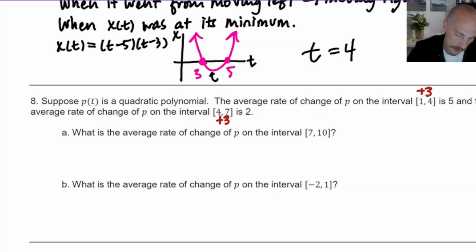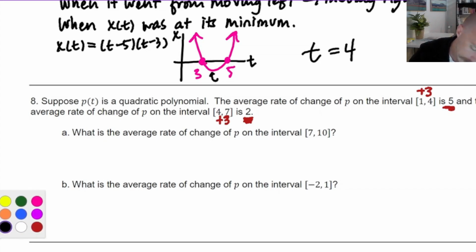So the average rates of change of a quadratic polynomial form a linear pattern. So if the average rate of change was 5, and then on the next one it's 2, that's a decrease of 3. So the average rate of change on the next interval of the same width, 7 to 10, and I might even draw that on.